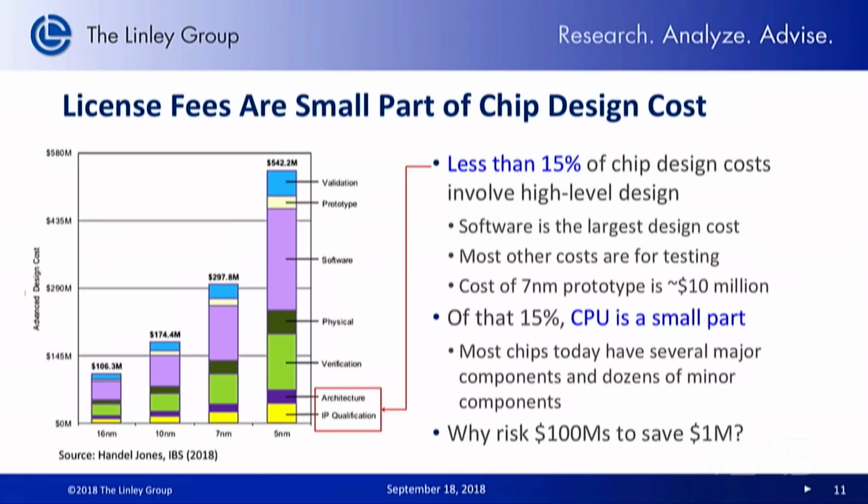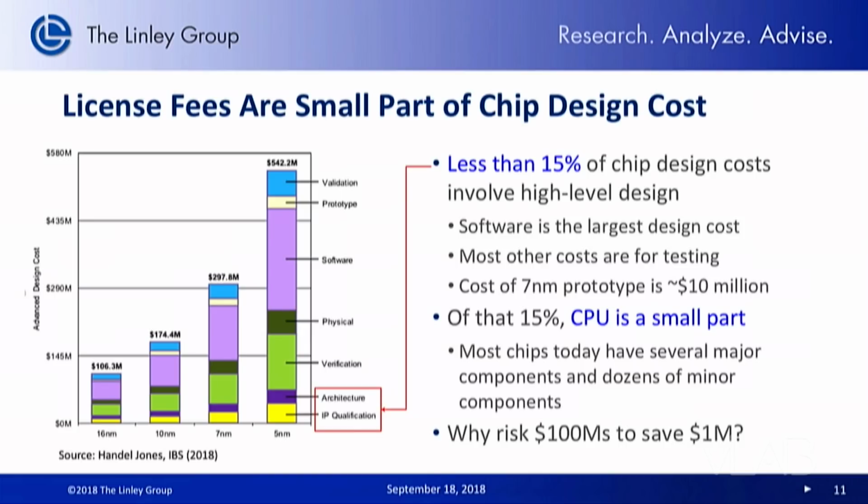And the last point I want to make is there's a lot of talk about the license fees and how much you can save through that. So this chart shows how much it costs to design a high-end SoC, and this is a very complicated one that has lots of cores.